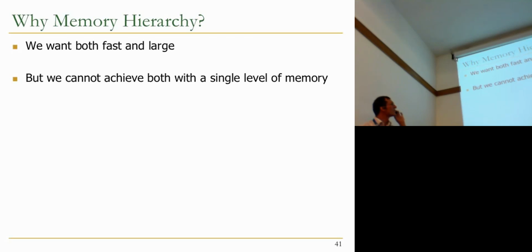So we also want the memory hierarchy because we want both fast and large, right? We can actually build memory with banks, but we want to have the access time both fast and we want large capacity. But we cannot achieve both with a single level of memory, however much we can bank it. Because as you add more banks, you introduce overhead, which is figuring out which bank to access as well, right?